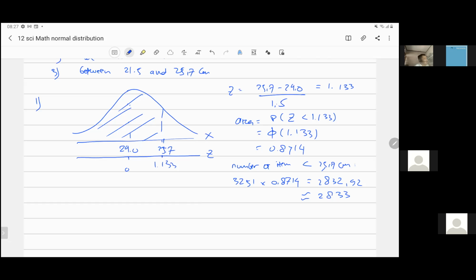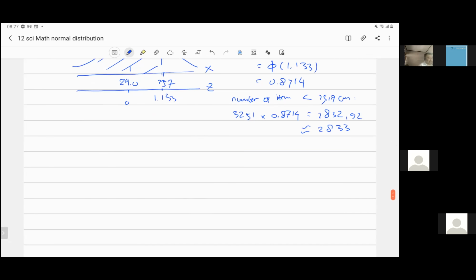So that is the estimated number of items less than 25.7 centimeter. Any question up until this? No? Okay.